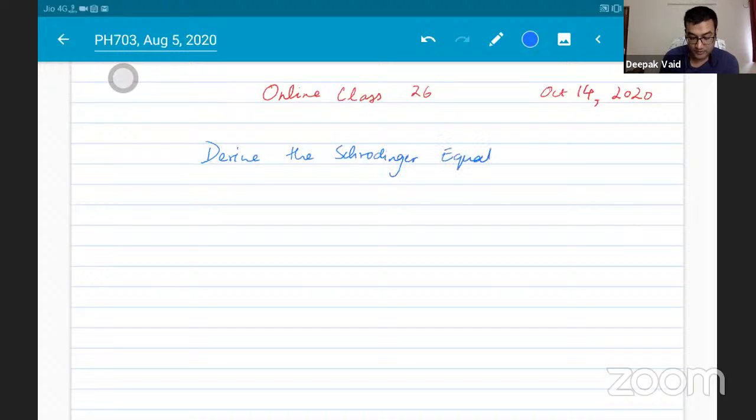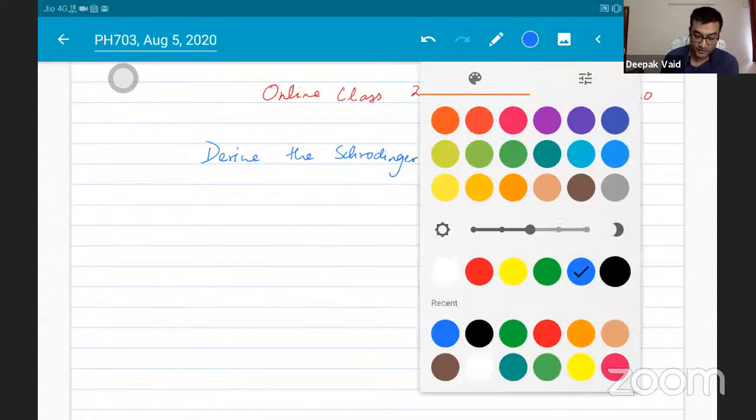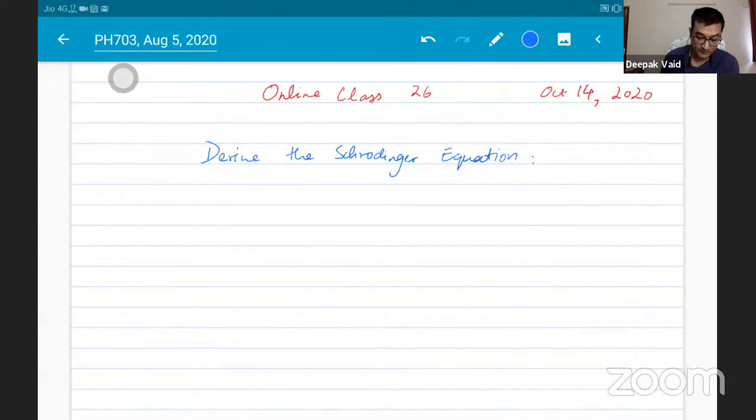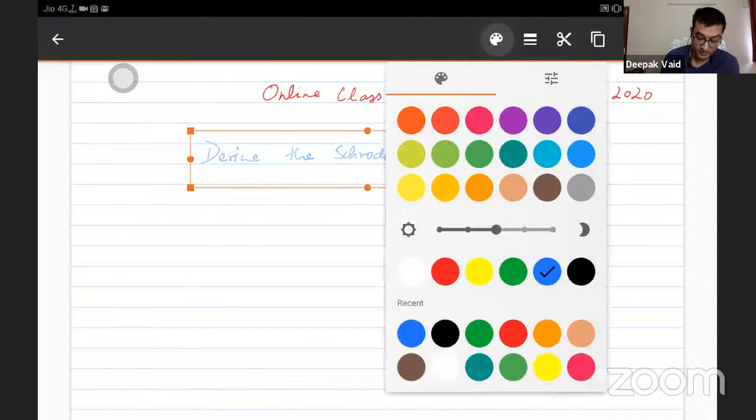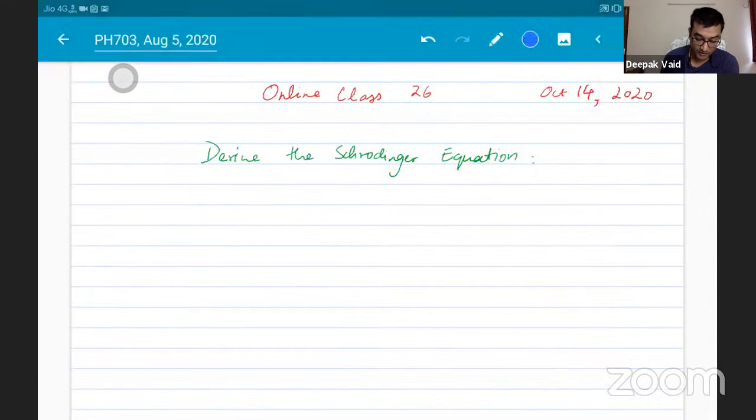It's important to remember that when I say derive the Schrodinger equation, I am referring to the Schrodinger equation in this form: H psi equals i h bar d by dt of psi.